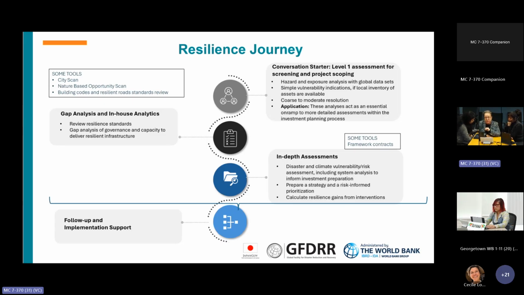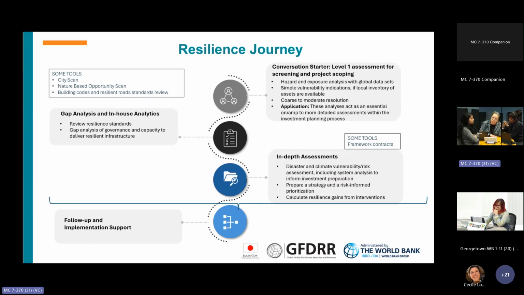We try to do some institutional assessments and analytics during the project preparation. If we can, we develop more in-depth assessments, and we have created a framework contract model that the City Resilience Program is leading, supporting teams to do more detailed assessments up to the pre-feasibility level.